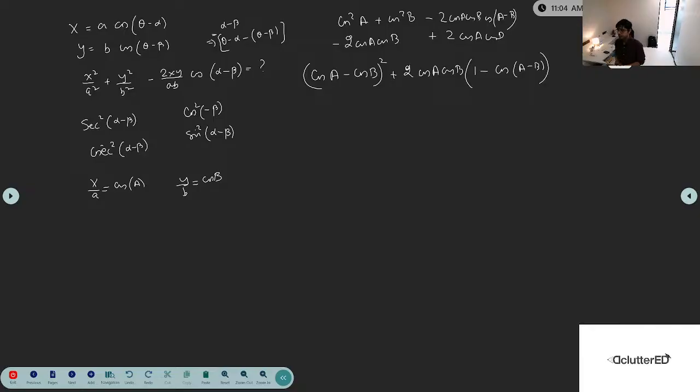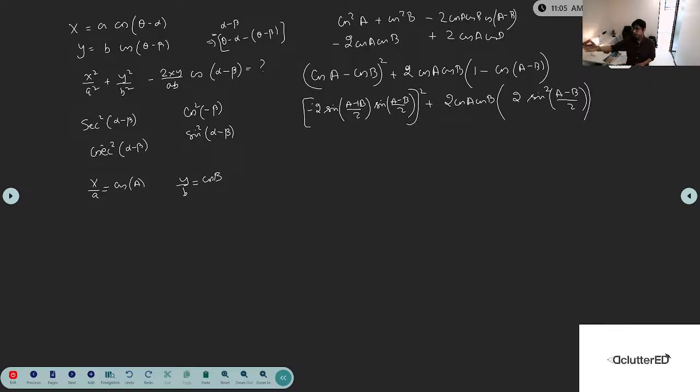Clear? This I will write as minus 2 sine a plus b by 2 into sine a minus b by 2 the whole square plus 2 cos a cos b into 2 sine square a minus b by 2, since 1 minus cos 2 theta is 2 sine square theta, and that's what I have done here.